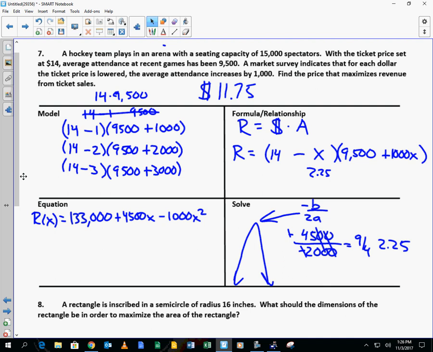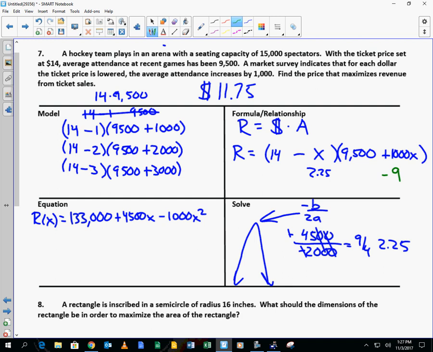But let's think about the other way, because this would be concerning to the people involved. What would make my attendance zero? Obviously, if we raise this too much, the attendance would be zero, correct? What number here would give you attendance of zero for x? Negative 9.5.